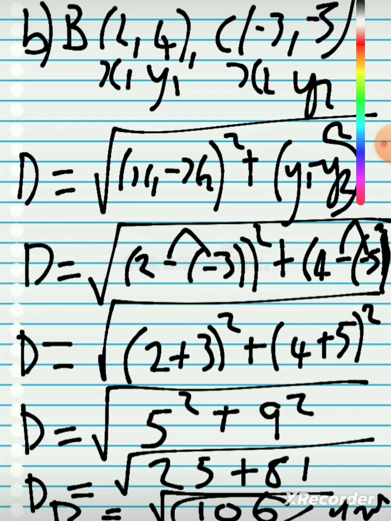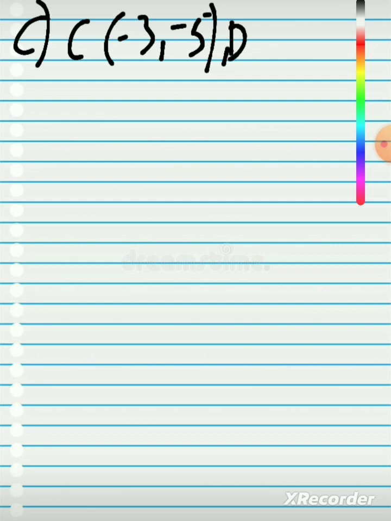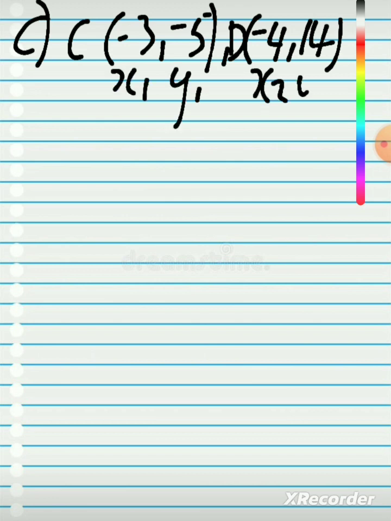We go to question C. So C, we have C itself, which is negative 3, negative 5, and D, which is negative 4, 14. Okay, so this is x1, y1, this is x2, y2.